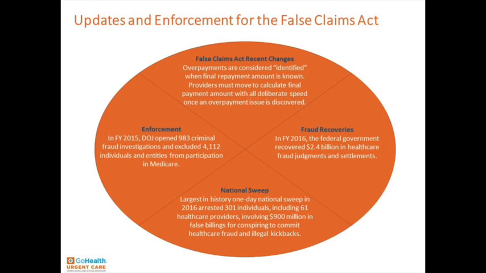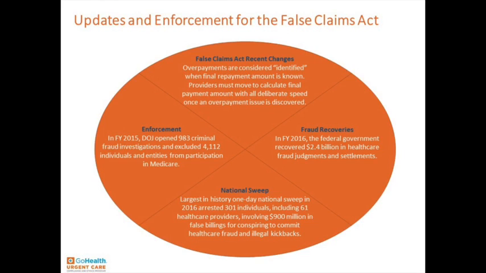Fraud recoveries in 2016 amounted to $2.4 billion, and this is across the board in fraud judgments and settlements. So in just 1 year, the federal government stopped $2.4 billion in fraud in the Medicare and Medicaid systems. And then at the bottom, you'll see that there was the largest single-day national sweep in history of individuals that were arrested in 2016.